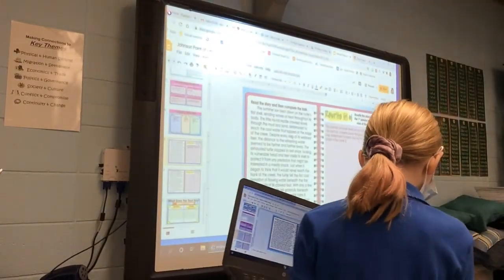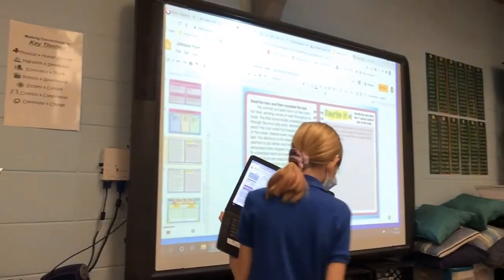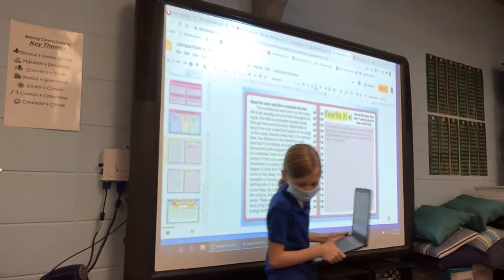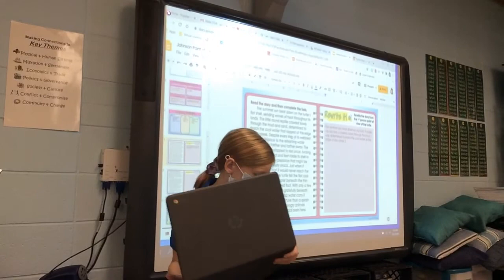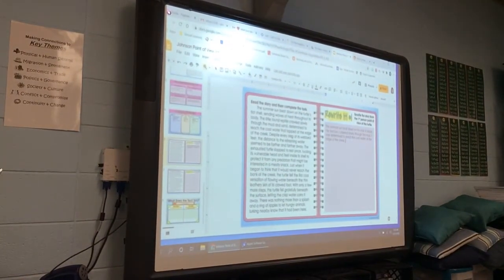Y'all, I'm literally taking these sentences and that's what we're doing. We're changing it from the turtle to I or me. Now, if you're wanting to add your own details, that's perfectly fine.